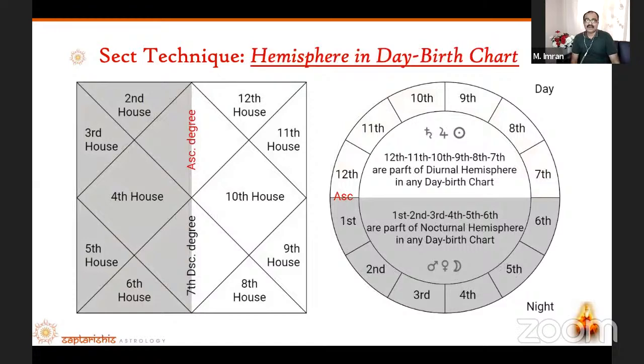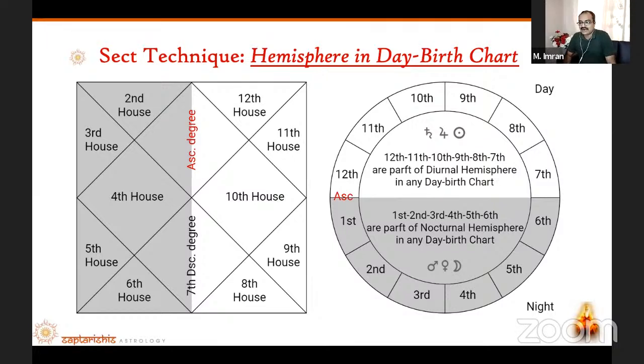Okay, now earlier I told you there is a day chart and there is a night chart. Suppose you are born in daytime, anytime in the day, from 8 a.m., 9 a.m., 12, 3 p.m., 4 p.m., up to sunset. Anytime between sunrise and sunset is a daytime birth. In this time, a certain half of your chart is diurnal and the other nocturnal. You are born in daytime, so your chart is called a diurnal chart, right?